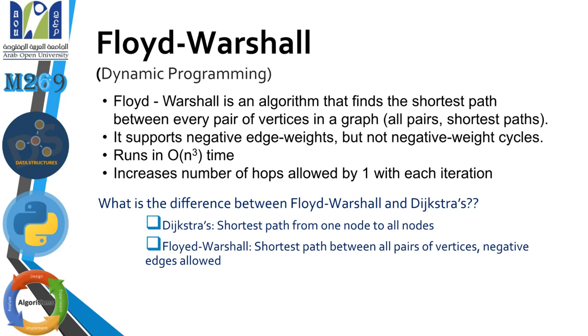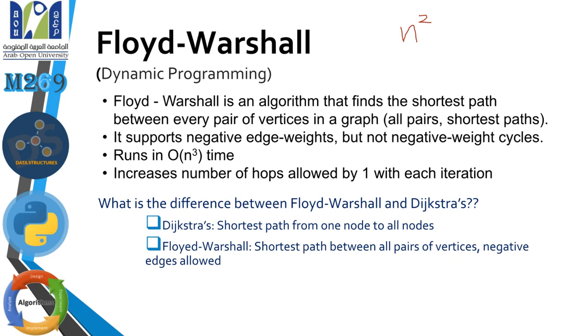And the runtime for this algorithm is O(n^3), which is similar to the Dijkstra one. Even though for Dijkstra, for a single path, let me draw it for you here. For Dijkstra, finding the shortest path for every single vertex is going to take n squared.